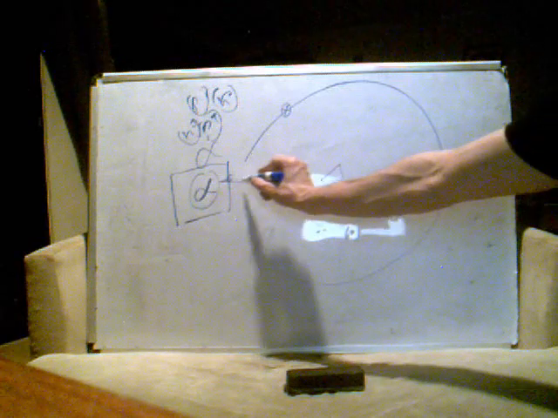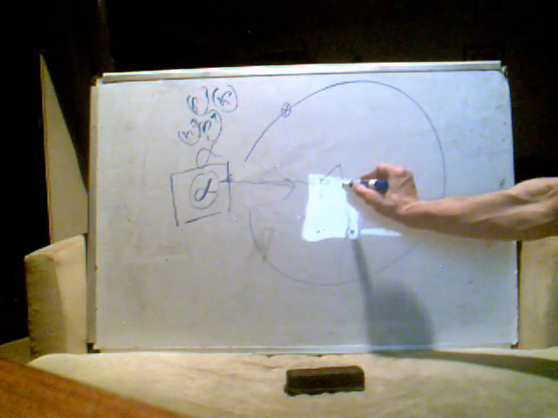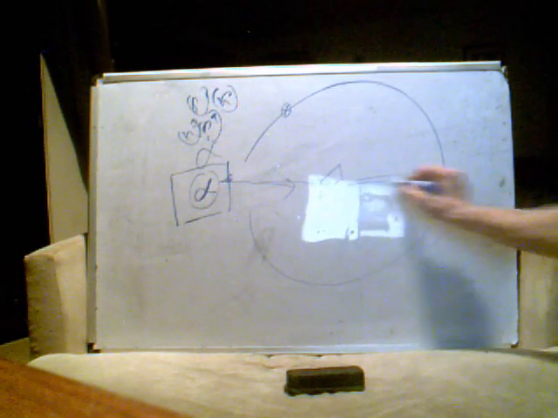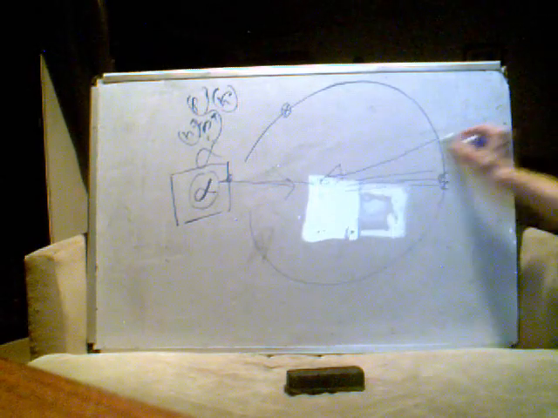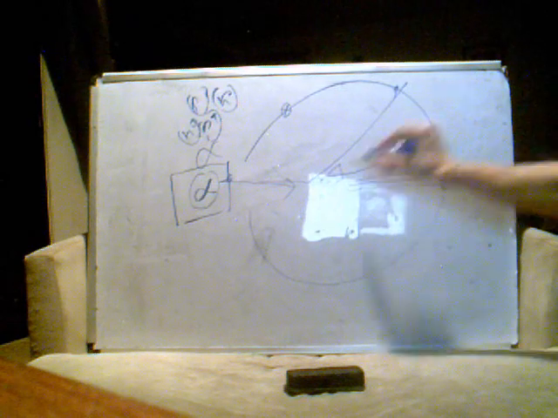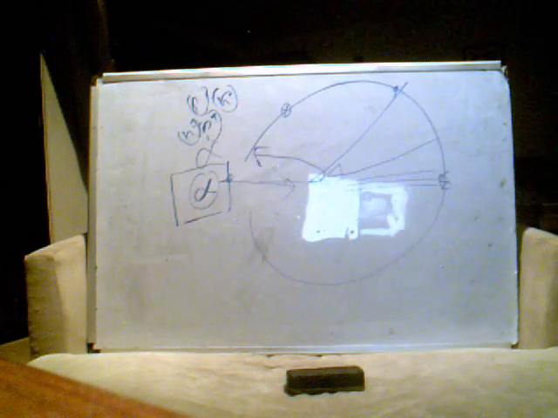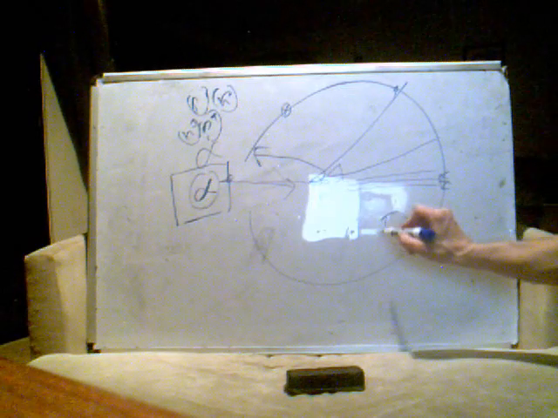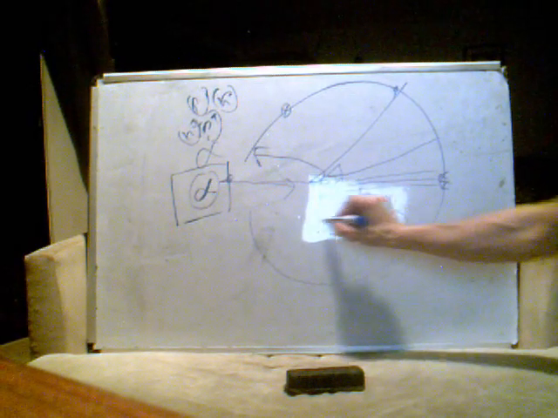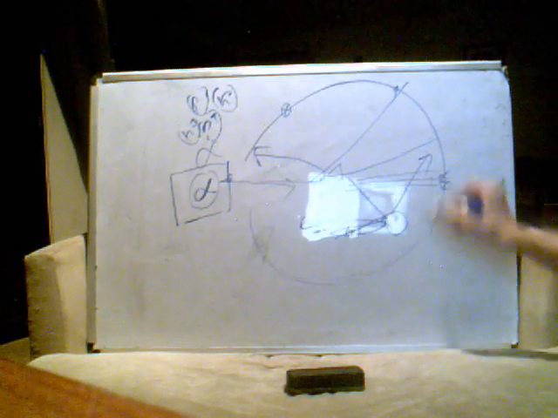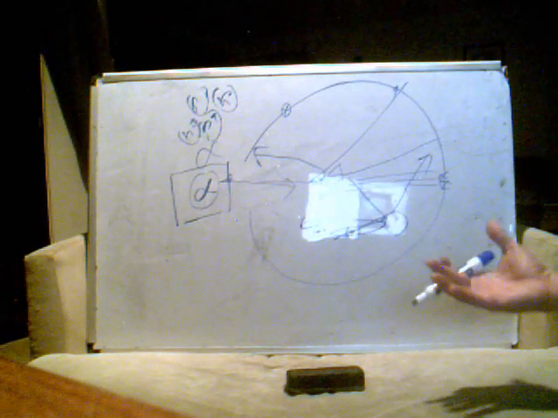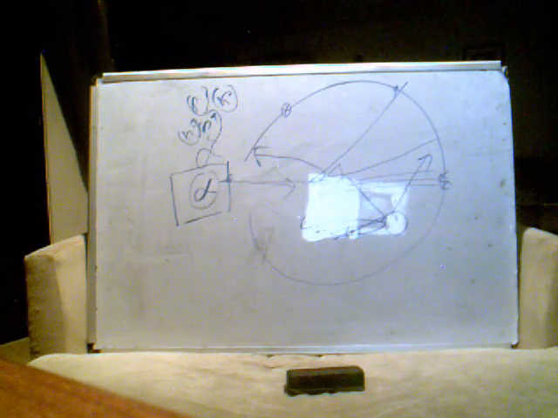And what they saw when they sent this alpha beam at this gold foil is most of them went straight through and hit locations here on the back. Some were deflected a little bit, some were deflected a lot, and some were deflected almost 180 degrees. Now, the shape of something that's going to be able to deflect something 180 degrees, but also deflect something a lot and a little, has to be basically circular or spherical in this case, right?